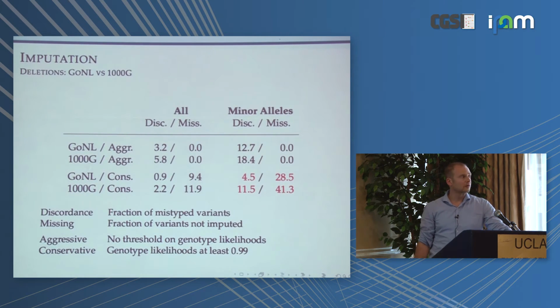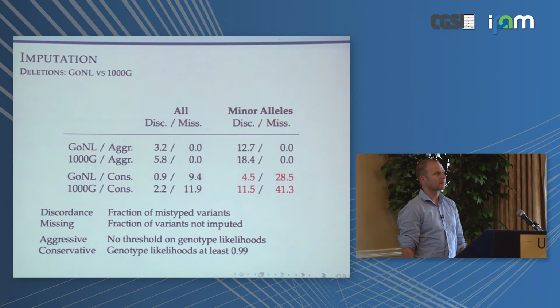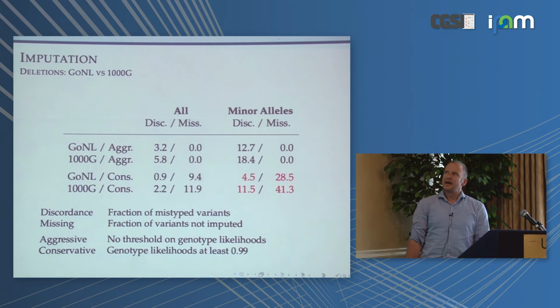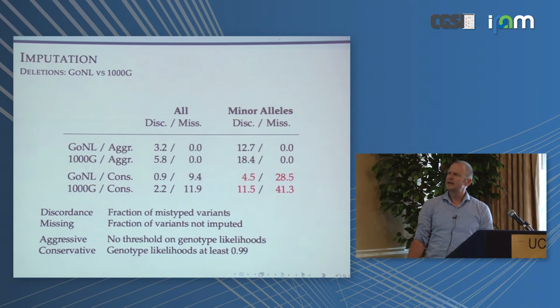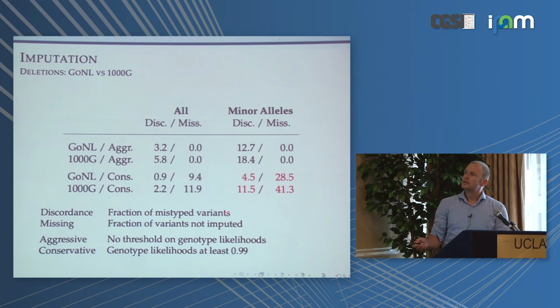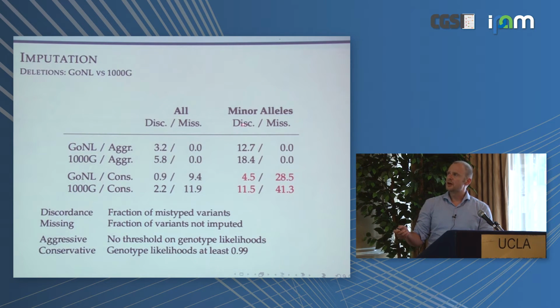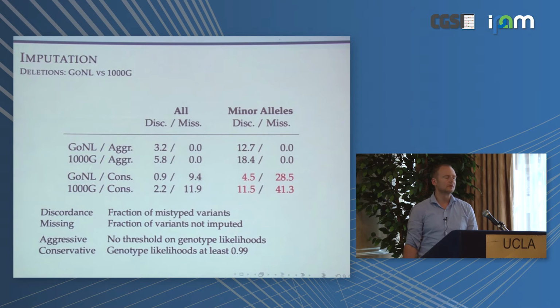And if you compare, the 1000 Genomes project has also issued a reference panel as of lately, but well, I can claim it's worse. So this is the percentage of wrongly imputed; discordance is the percentage of wrongly imputed.